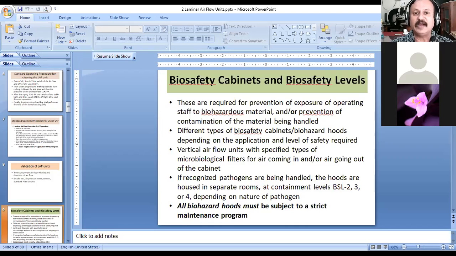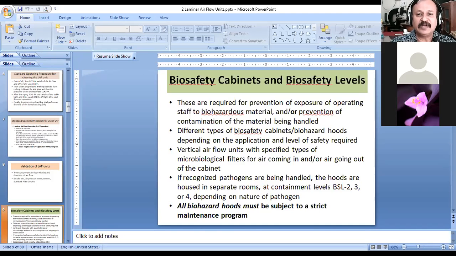And also the material which is being used in the laminar airflow cabinet should be protected from any possible contamination, isn't it? So these are two important things which must be protected.